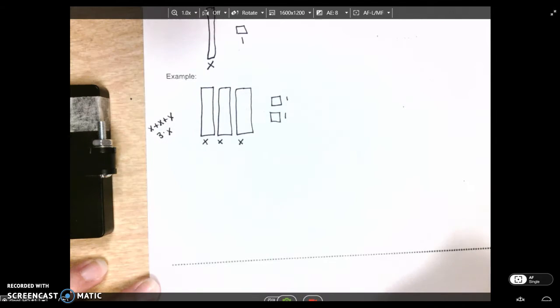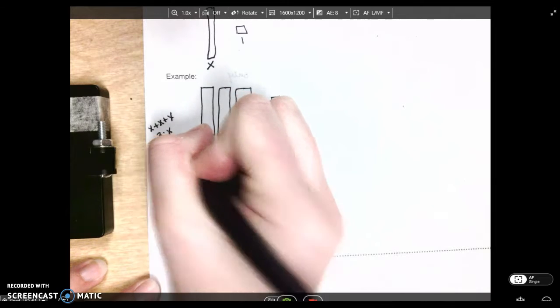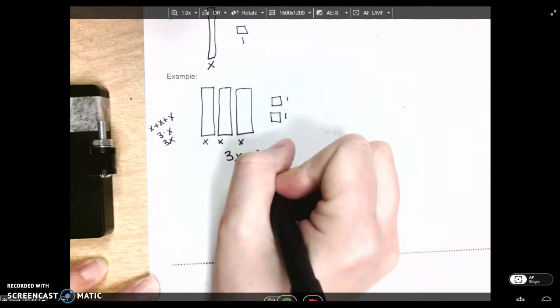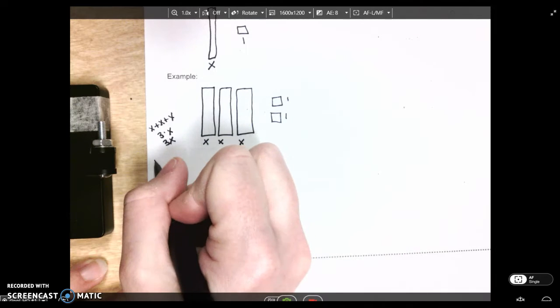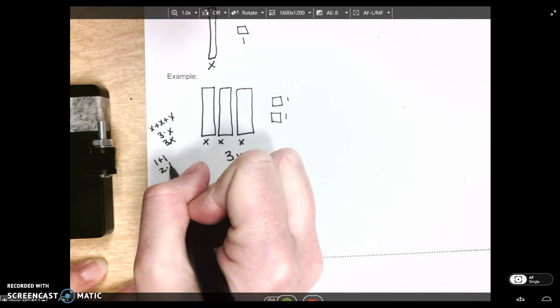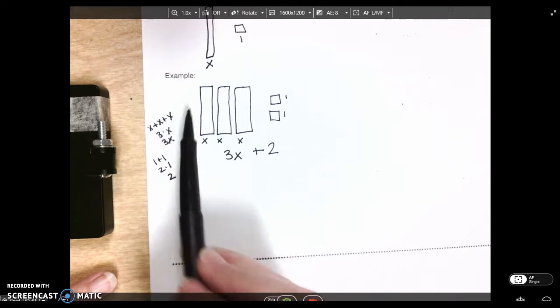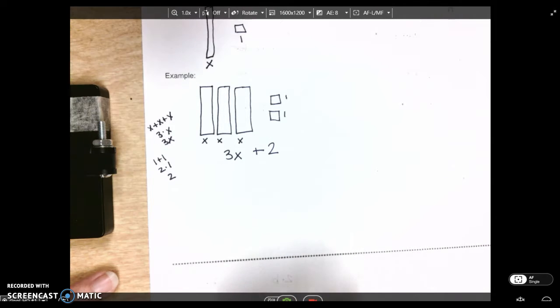That's with multiplication. But we don't need that multiplication symbol because I know notation-wise, I can just write it as 3x plus, and then I have 1 plus 1, which is 2 times 1, which I don't need to take out. It's not going to be 21. What's 2 times 1? It's 2.